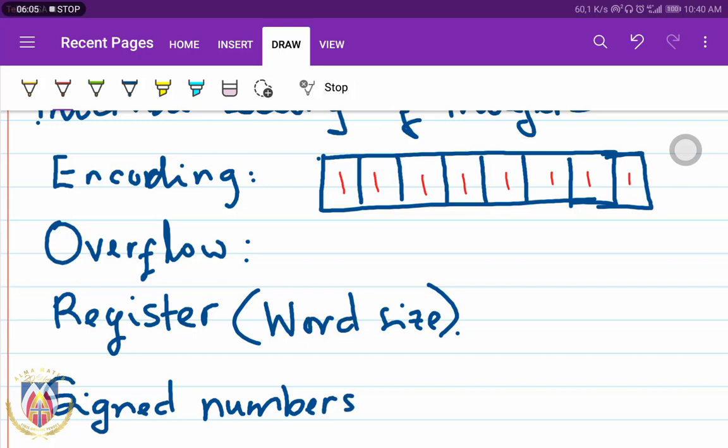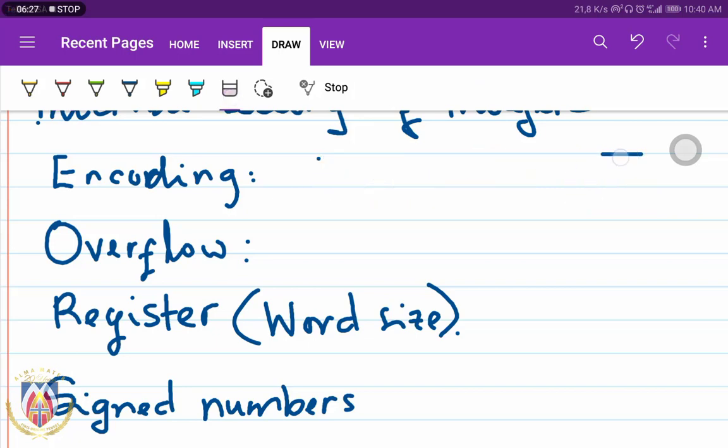We are going to look at overflow when we do additions and also when we do binary coded decimals, so I'm not going to explain much on that for now. But overflow is also linked to the mystery word which I asked you to research, the word size. I think I've already explained the meaning of the word register.